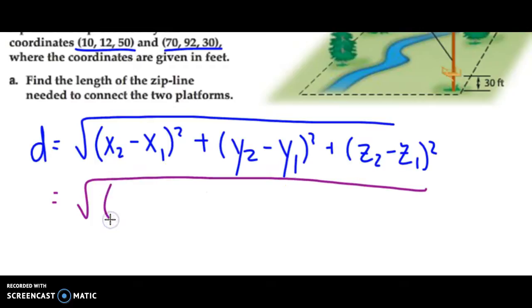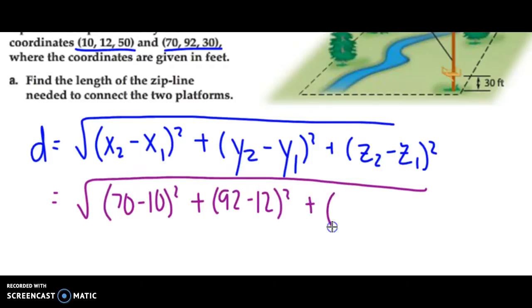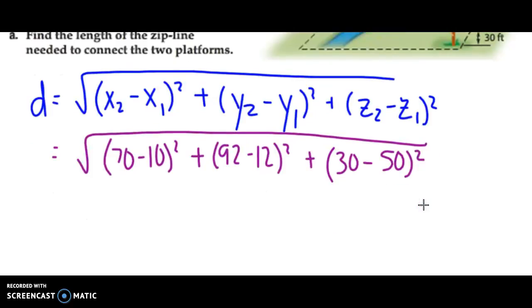Okay, so I would do 70 minus 10 squared, 92 minus 12 squared, and 30 minus 50 squared. For the sake of time, we'll just put that into our calculator, and we end up finding our answer is approximately 101.98 feet, which you could also round to 102 feet if you saw fit.